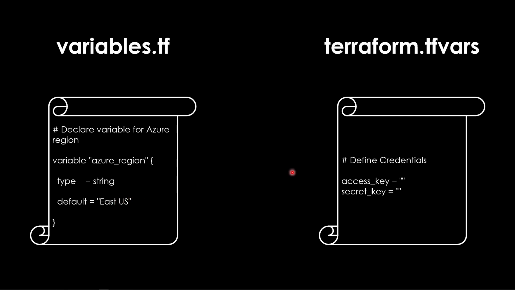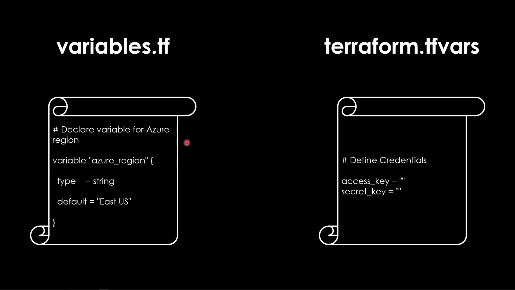Third is the terraform.tfvars file. This file contains variable values used in your configuration. It allows you to provide specific values for variables defined in variables.tf, such as API keys, passwords, or region names.